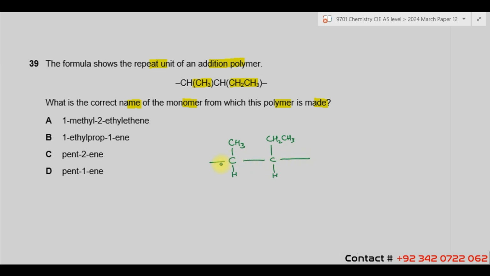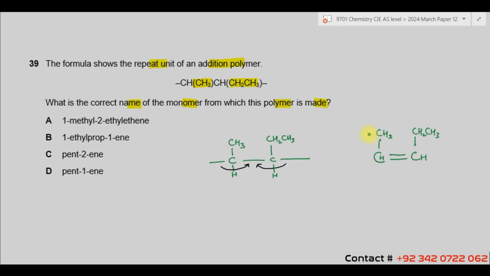When a polymer is formed from a monomer, the pi bond is broken, so monomer formation would be the reverse. These electrons will come back to make a double bond. So the monomer would be like this. We have a double bond. Substituents are the same. One hydrogen with one carbon, one hydrogen with the other carbon.